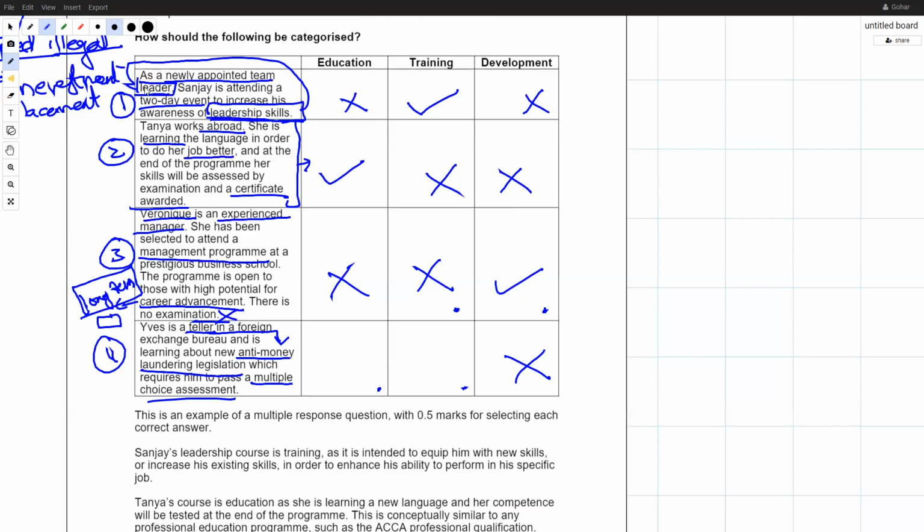It was directly linked with his job, so we said that it is training. But Vyas is not in a position where learning anti money laundering legislation would improve his job performance. He's only a teller, so this cannot be training. So what is this then? This is education.